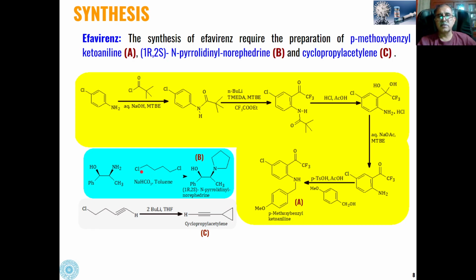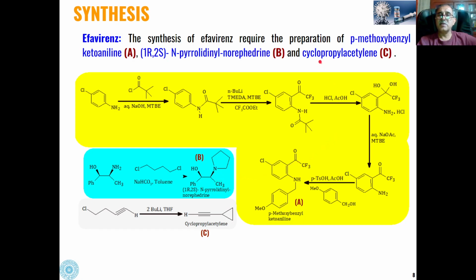When this is reacted with this dichlorobutane, we will get this type of N-pyrrolidinyl norephedrine, which is optically active 1R,2S. N-pyrrolidinyl norephedrine is formed as the product. So this is our second starting material.